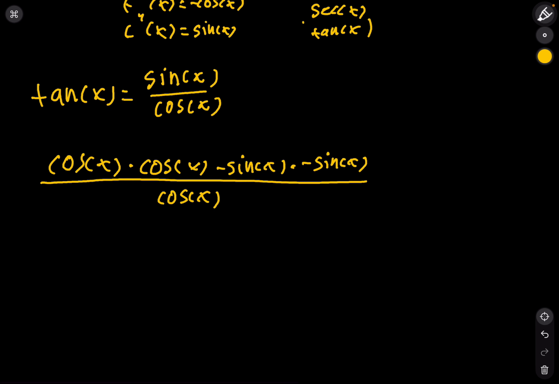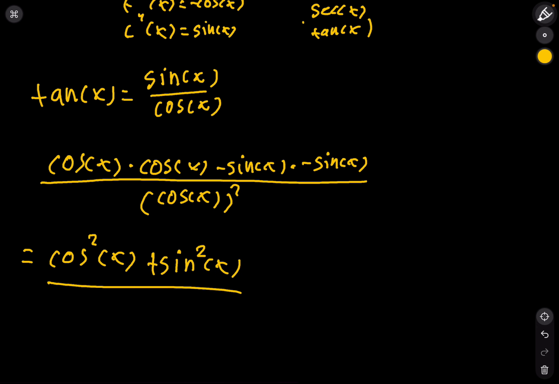From here, we get cosine squared of x plus sine squared of x, all over cosine squared of x. Since we know the trig identity, cosine squared of x plus sine squared of x is equal to 1, we get 1 over cosine squared of x, which is just equal to secant squared of x.